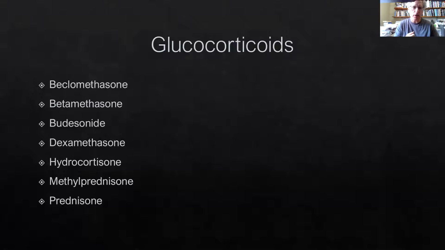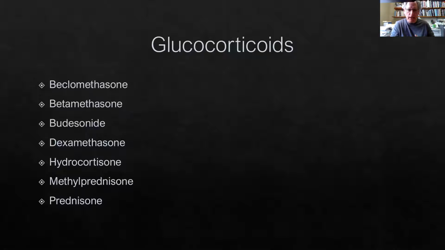Common glucocorticoids include beclomethasone, betamethasone, budesonide, dexamethasone, hydrocortisone, methylprednisone, and prednisone. You can see if these drugs end in "sone," that's a pretty good indication they're steroids. Some of these drugs come in inhaled forms and are used for asthma.